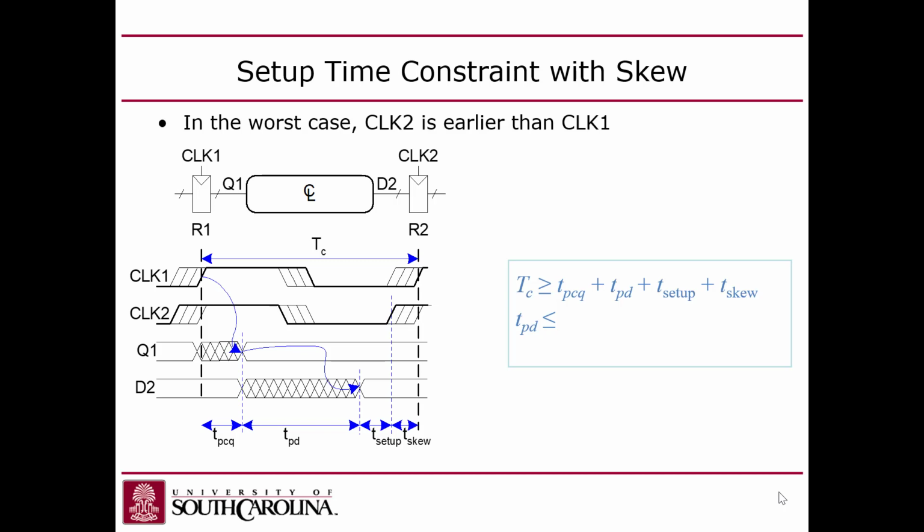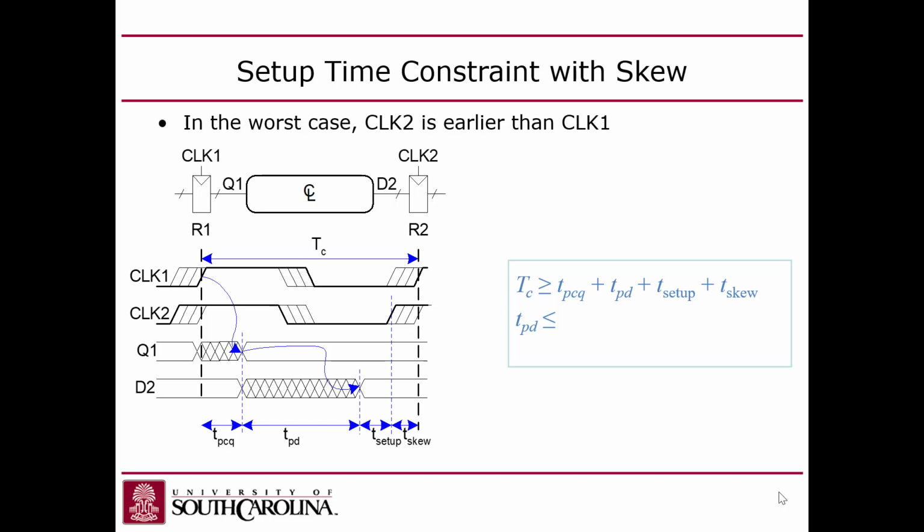The clock period may appear shorter than it actually is because of the skew. You guys with me? So if I'm running the clock at 5 gigahertz, so 200 picoseconds, 200 picoseconds is edge to edge, assuming no skew.